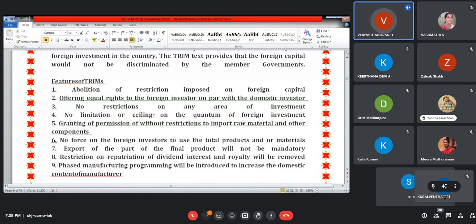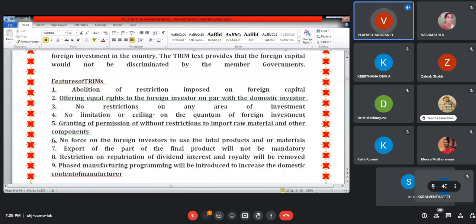So with the help of the efforts taken by TRIMS, there is no limitation in foreign investment, though, as you know, in the insurance company, only 49 percent can be invested by the foreign company, like Nippon. Many foreign collaborations are there in the insurance sector.